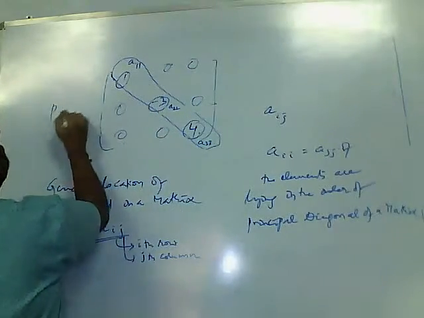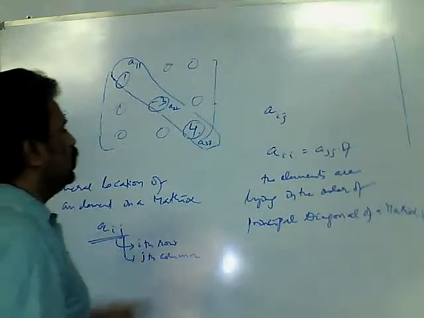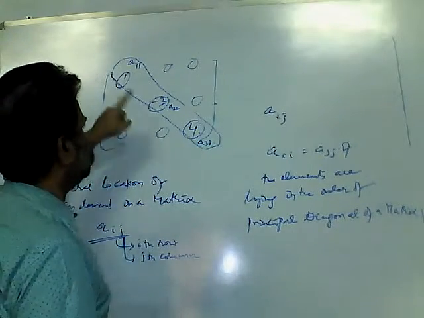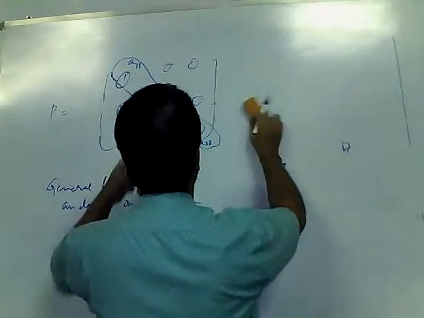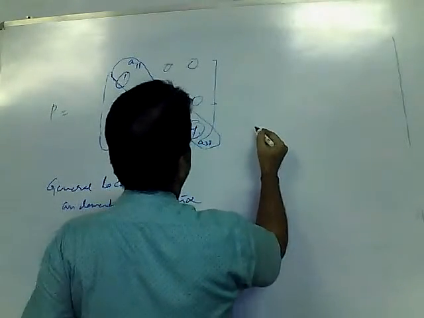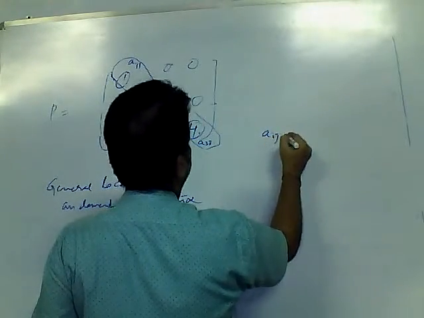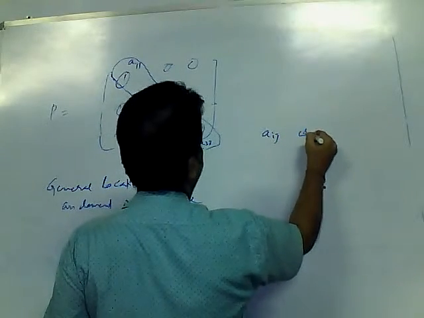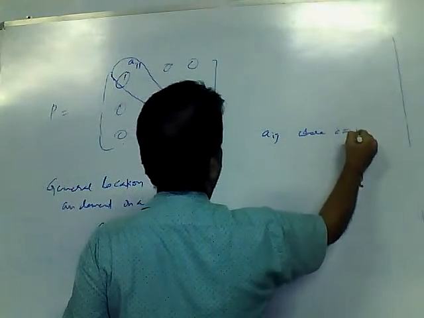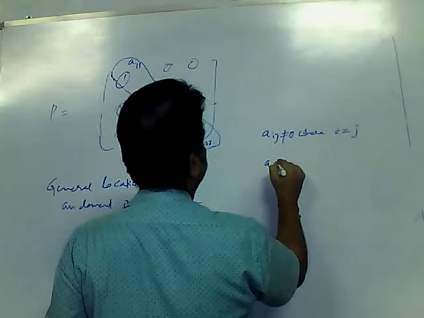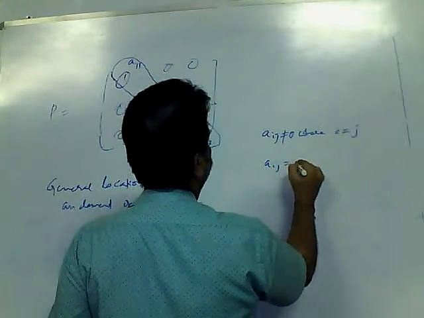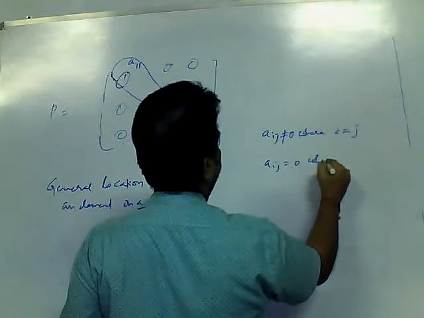So Aij where i is equal to j is how we can represent this matrix: Aij is not equal to 0 where i is equal to j, and Aij is equal to 0 where i is not equal to j.